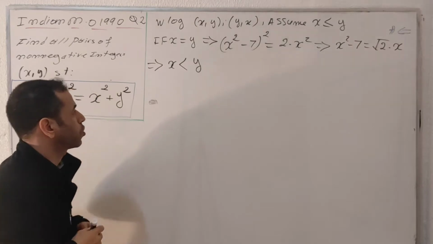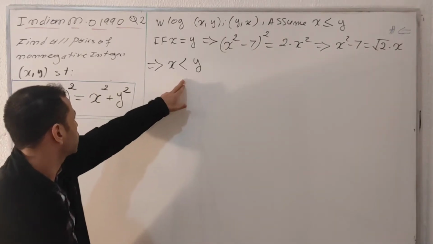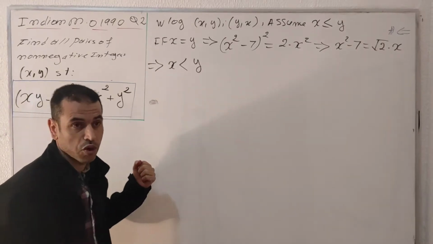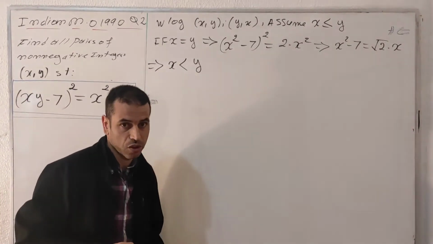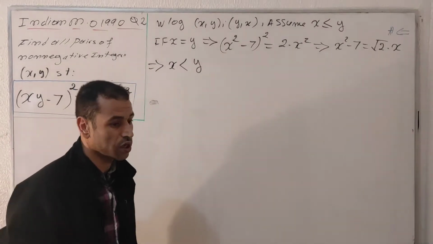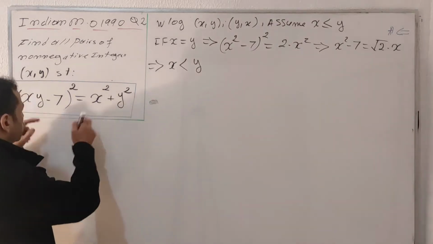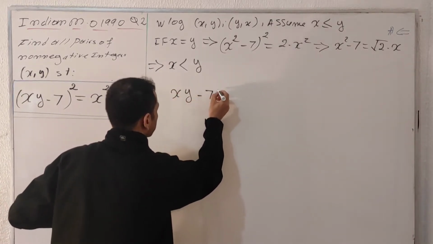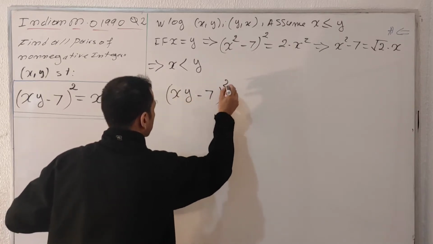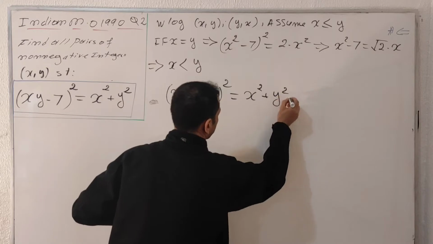So now I'm going to work on this order. The next thing here, since we have this condition, I'm going to transfer this equation into an inequality. Otherwise this equation becomes more challenging to solve if we don't use the inequality here. If you take a look carefully at this equation, we have (xy - 7)^2 equals x^2 + y^2.